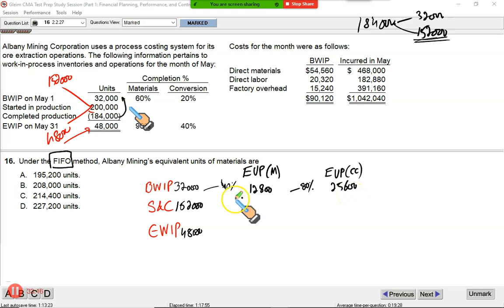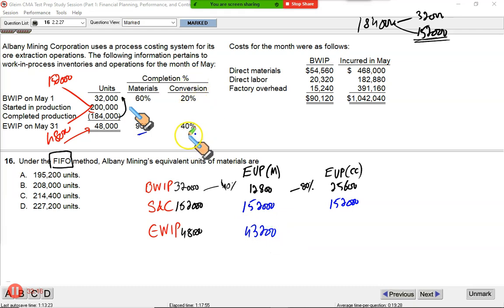Next, remember, started and completed is always 100%, whether it is weighted average or FIFO. Why? Because these are the units which we started during the period and completed during the period. Now look at the last line. There are 48,000 physical units which we started during the current period, and we added 90% of material, so 48,000 multiplied by 90% is 43,200.